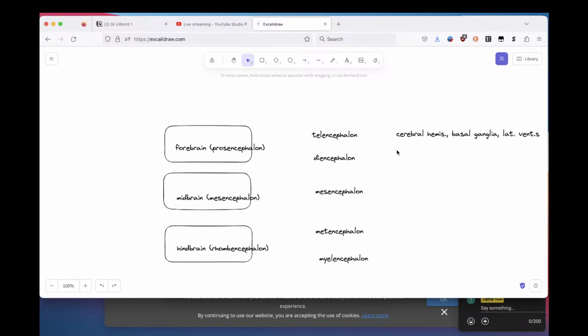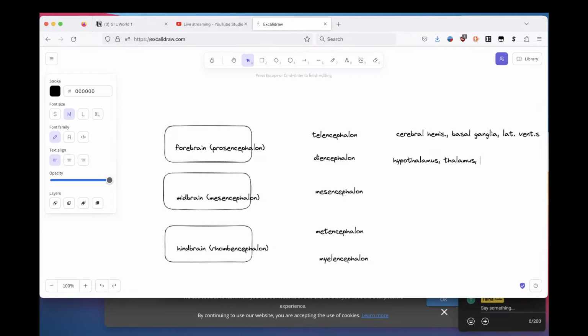Okay. From the diencephalon, we're going to get the hypothalamus, thalamus, and we're going to get the aqueduct. Okay.